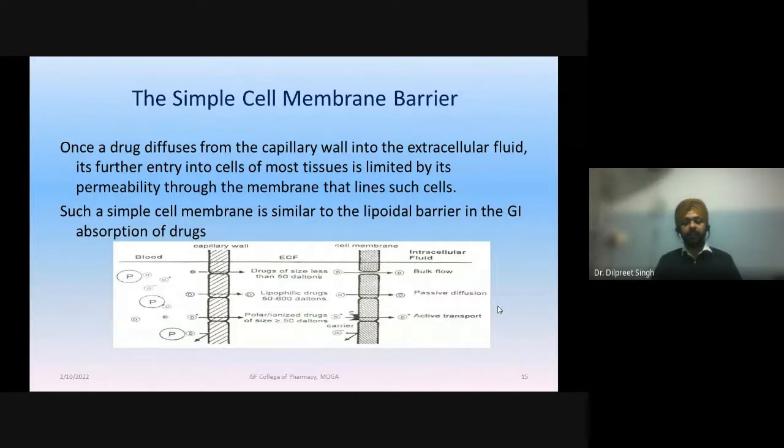The transport of the drug from the peripheral to the central compartment is restricted because of molecular size and tight junctions in the cell membrane. The transport mechanism also depends on which type is favorable to a particular drug.